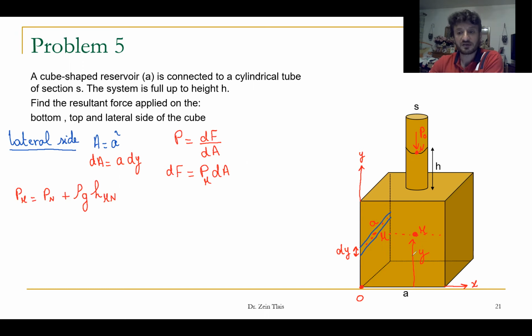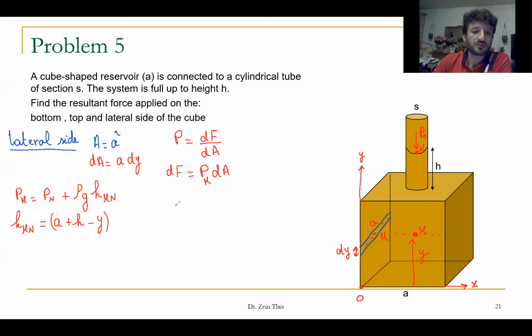So h MN equals a plus h minus y. If you look well here, you can understand MN equals a plus h minus y.